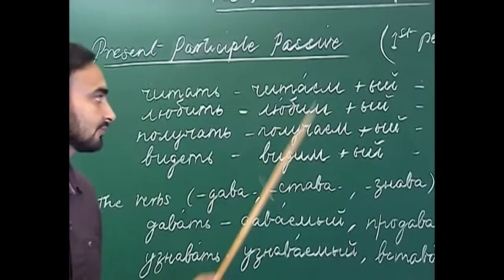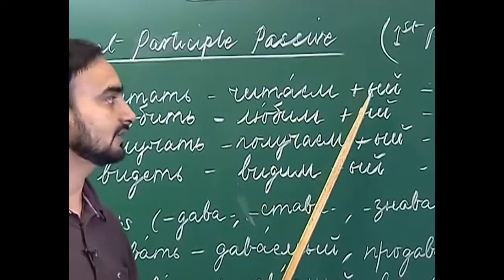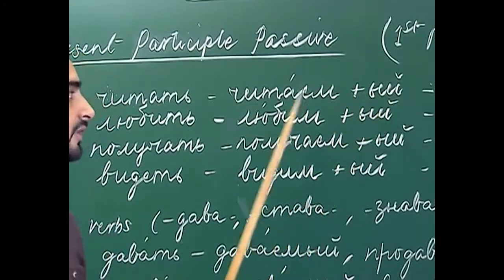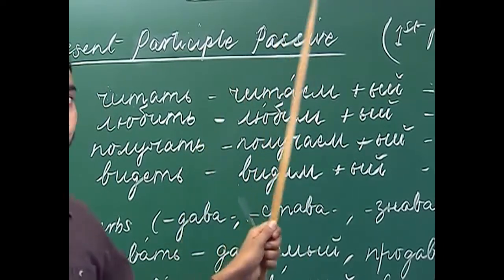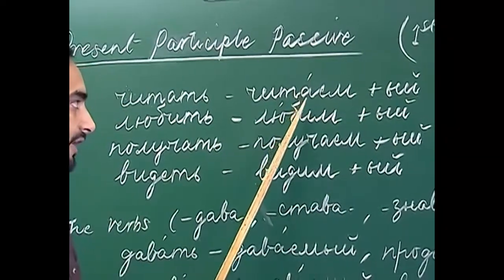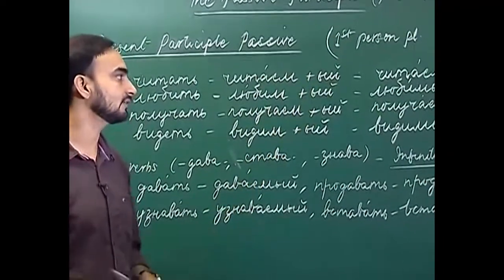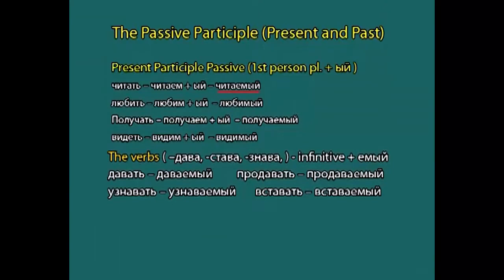Читаем, and then you add the adjectival ending ый. So, first take the first person plural conjugated form and then add the adjectival ending ый, and you get the present participle passive. So, читать, читаемый.